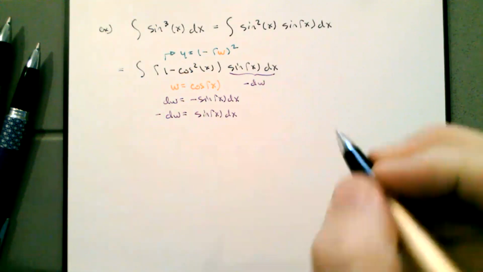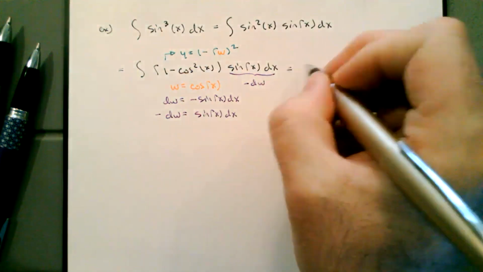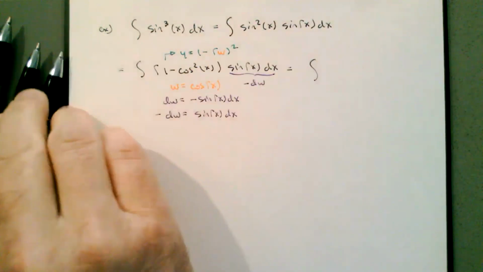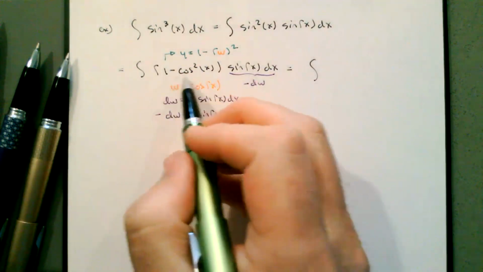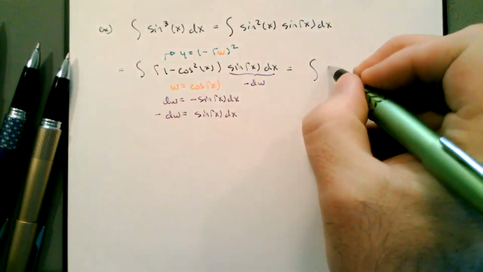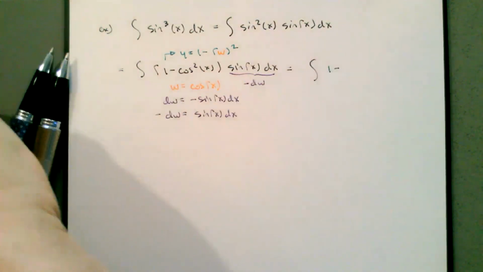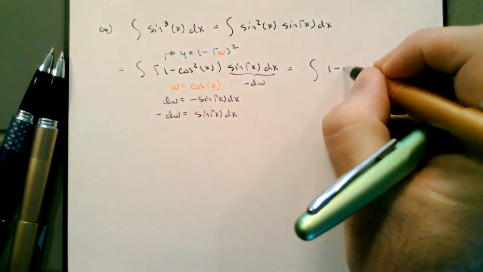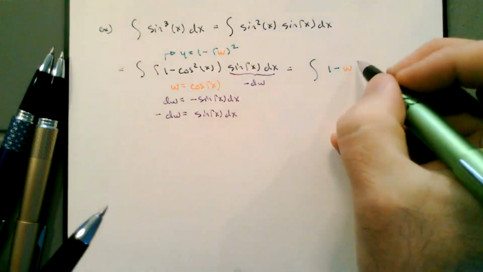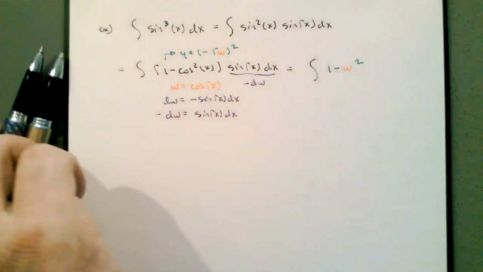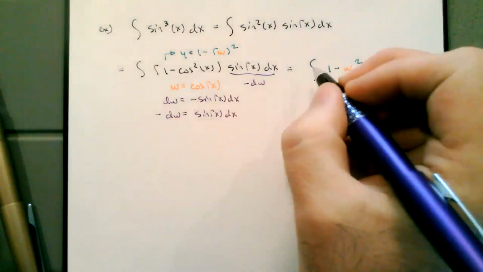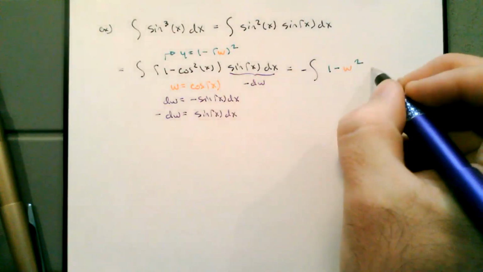So my integral becomes 1 minus cosine squared x is going to be 1 minus w squared, and sine x dx all gets replaced with minus dw.